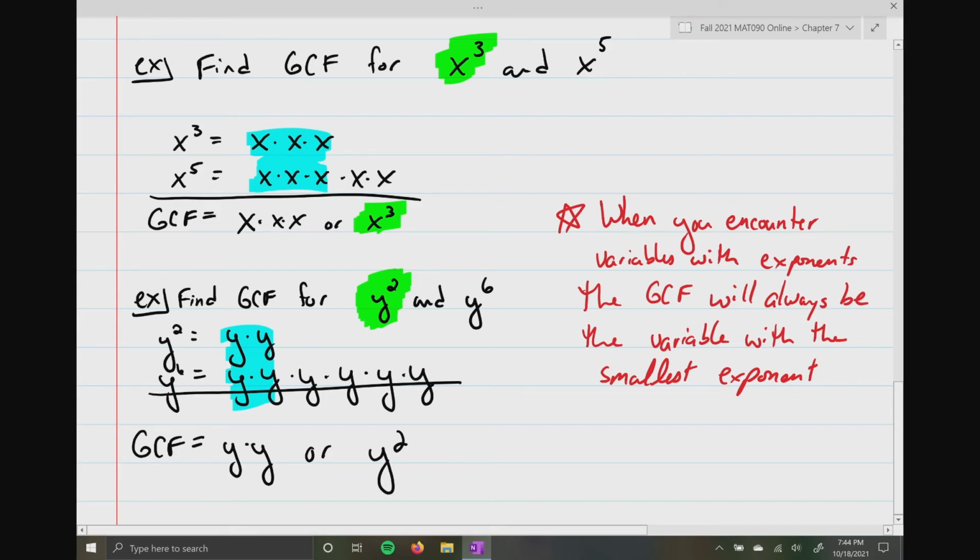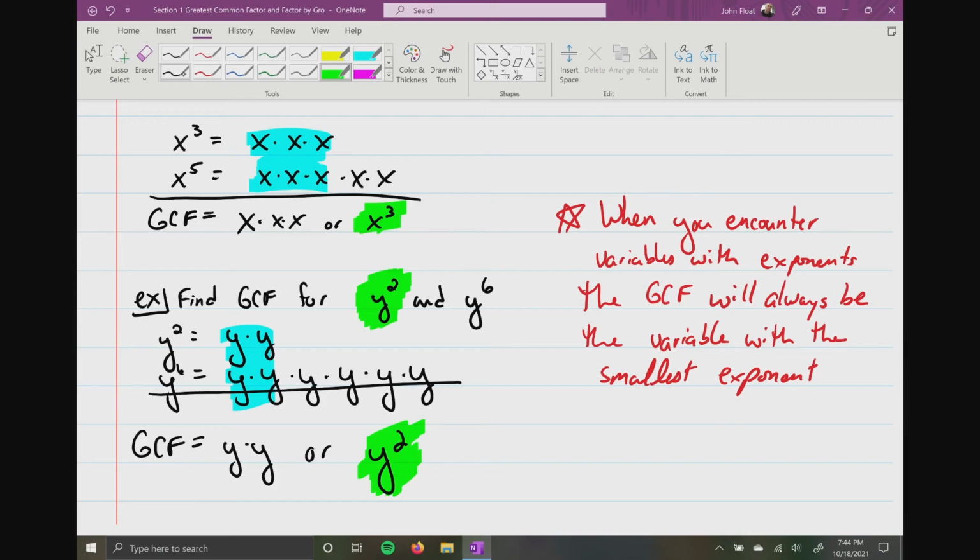Well, y to the second is smaller. Notice what my GCF turned out to be. So if you know this little, and this is not a trick. This is one of those things where, if you fully understand what's happening, you will see this over and over again. When you encounter variables with exponents, the GCF will always be the variable with the smallest exponent.